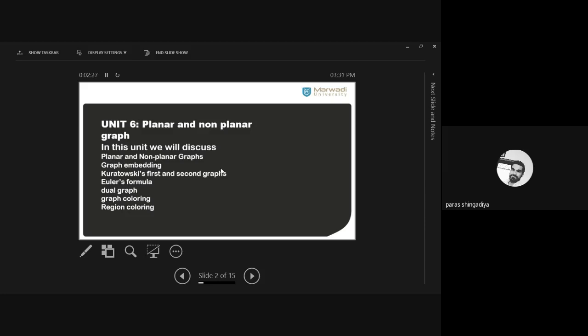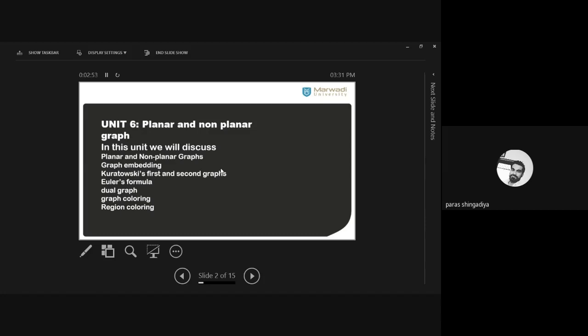Then after that, two well-known graphs in these planar and non-planar situations, because we know two standard graphs: one is the complete graph and second is the complete bipartite graph. So what is the minimum possibility of a complete graph to make a non-planar situation? Clear? That is the first Kuratowski graph, K5, and second, for the complete bipartite graph, a minimum number of vertices and edges.